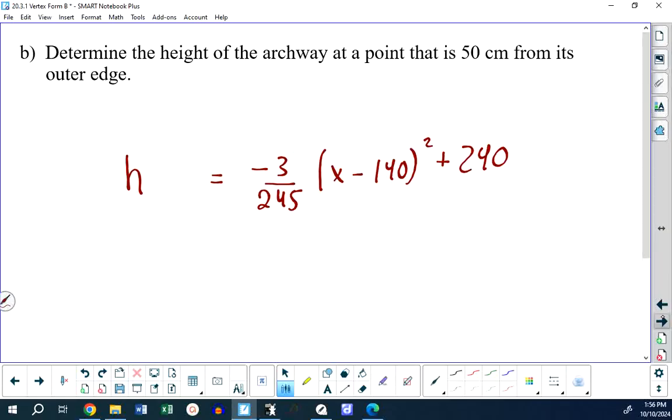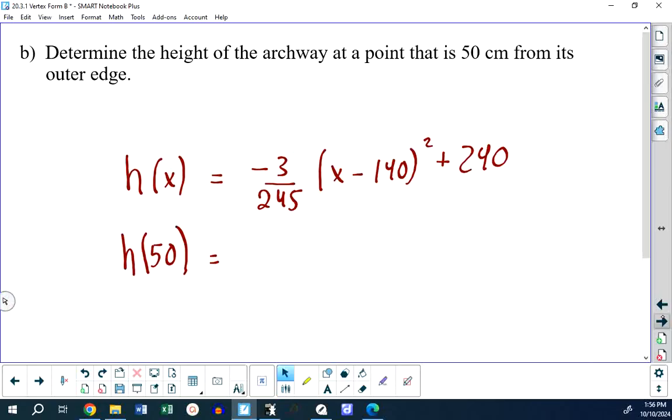Right? If you like, think of it this way. H of x equals. The height as a function of x is that expression. So if I want to find the height when x is 50, I just put 50 in here. And this means, I'm just slowly getting you back into function notation. This means we're putting 50 in for x. And I'm just going to do it on my calculator.